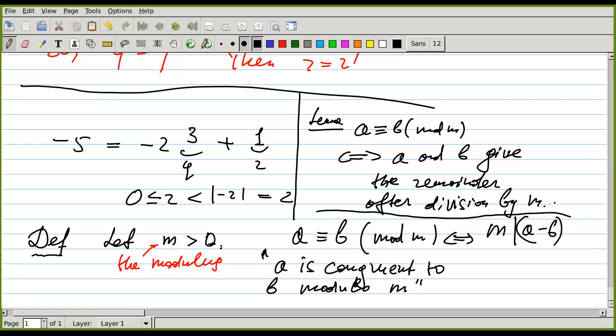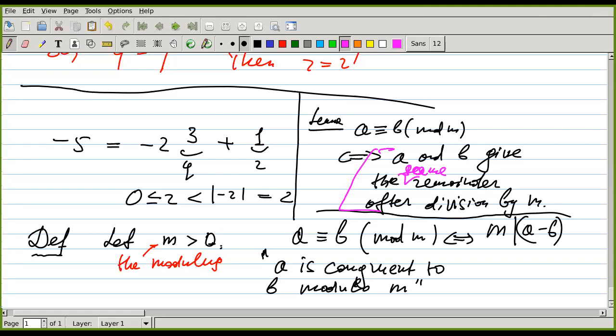In other situations, it is better to use the equivalent one, that is, A and B give the same remainder after division by M. The remainders are the same. Is it clear? Yes. We will consider this congruence in more detail next time.